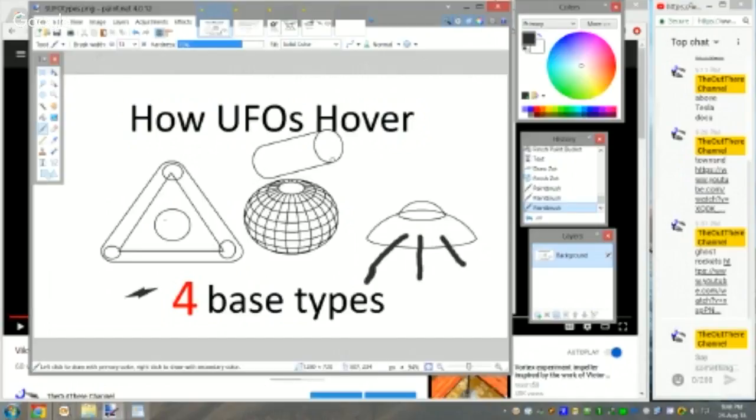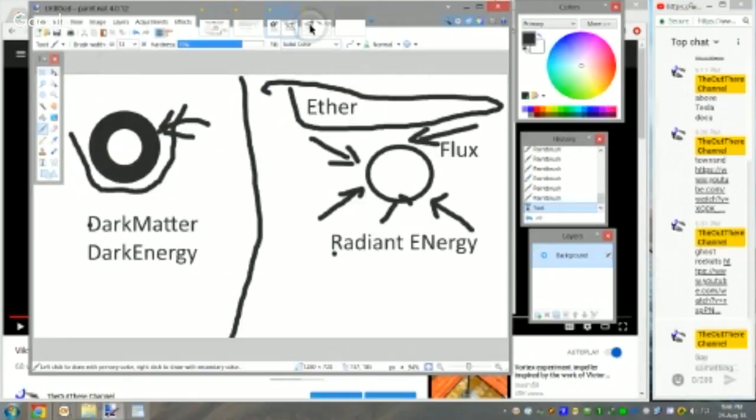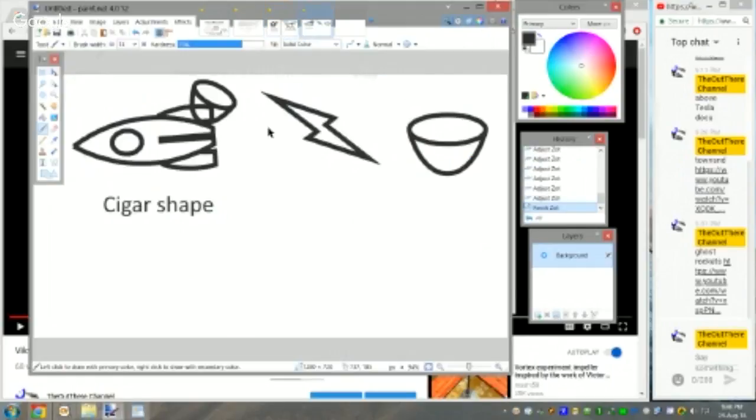But the end points are not going to be flat. They're going to be more what we drew here with the cigar shape, which is what Tesla's idea was. You get a cigar shape on the side where it's sort of not flat. So the energy, again, can flow around it, the field, to block the radiant energy.